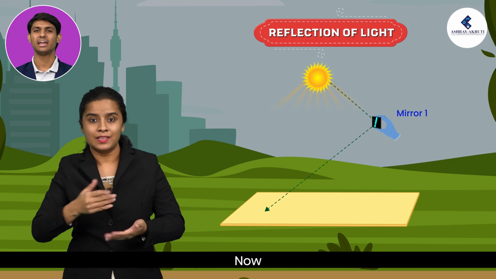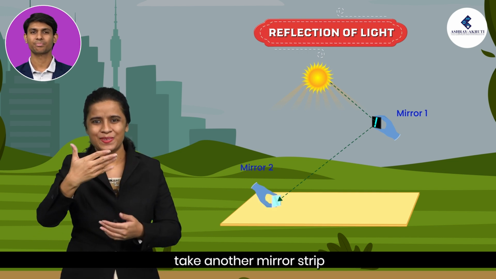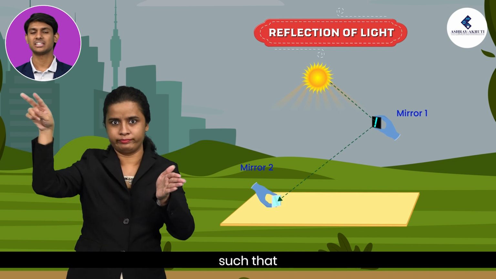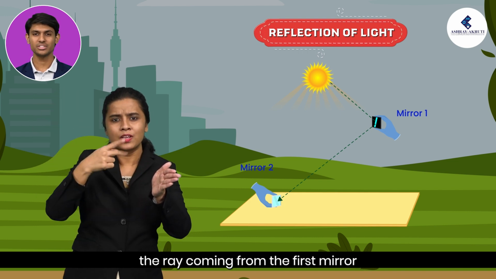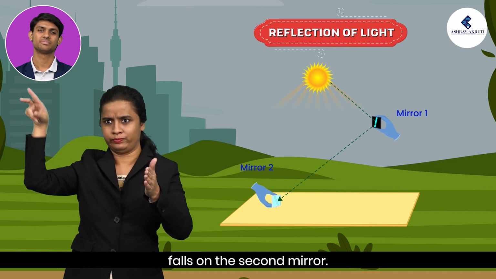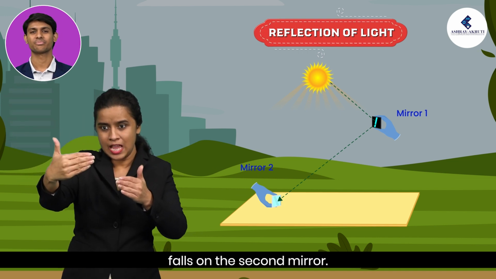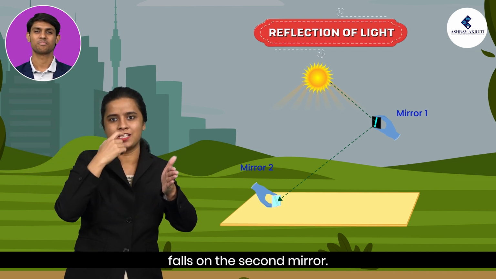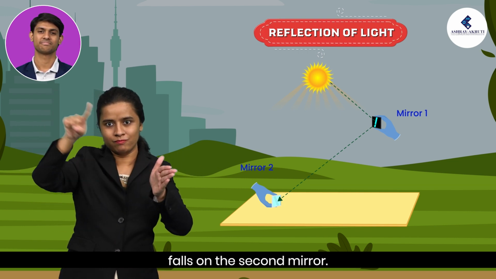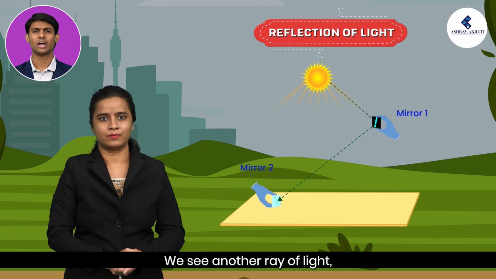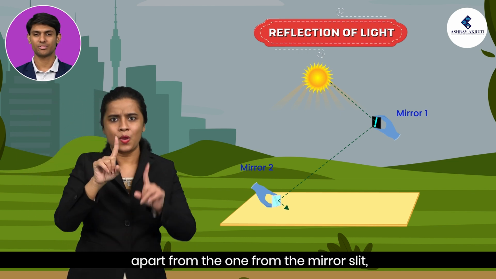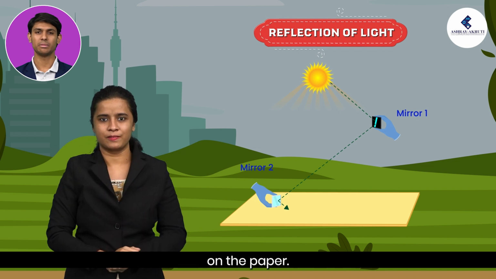Now, take another mirror strip and place it in the path of this light ray such that the ray coming from the first mirror falls on the second mirror. We see another ray of light apart from the one from the mirror slit on the paper.